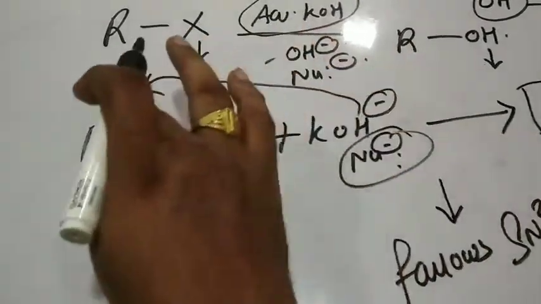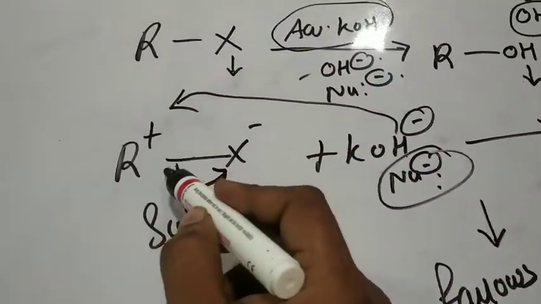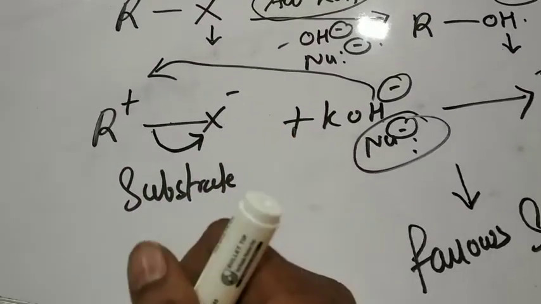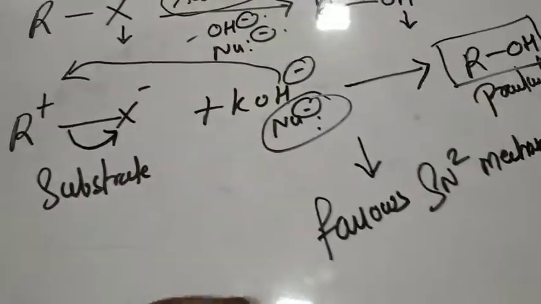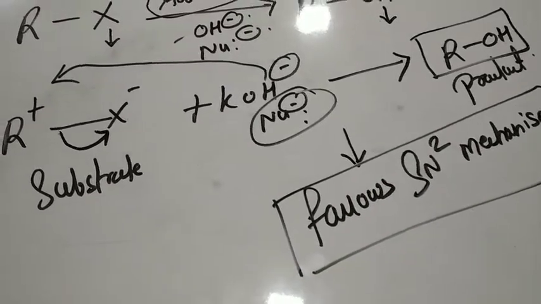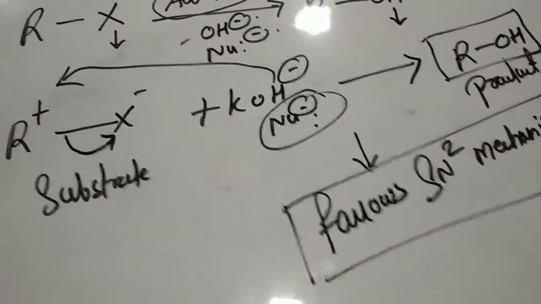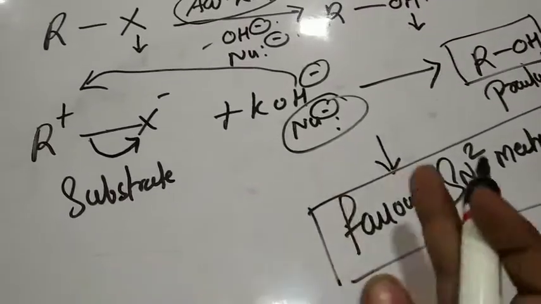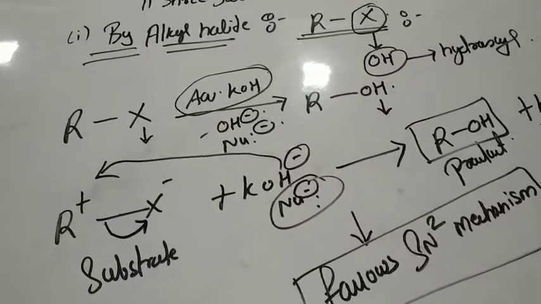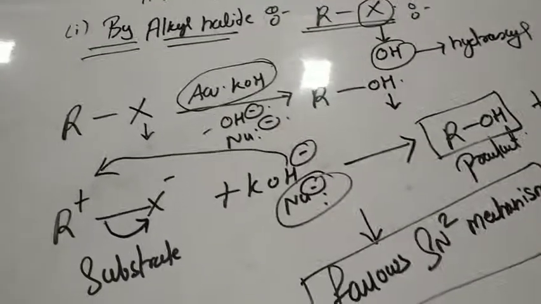That means this OH minus is attacking, and at the same time X minus is going away from the R plus. So this follows the SN2 mechanism, a substitution nucleophilic bimolecular reaction, where the rate of reaction depends upon both the nucleophile as well as the substrate. I hope that you have understood the reaction using the alkyl halide.